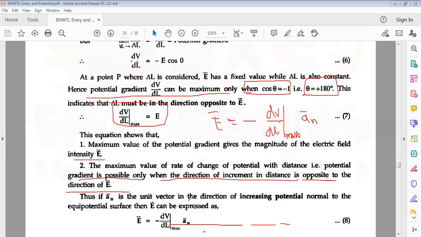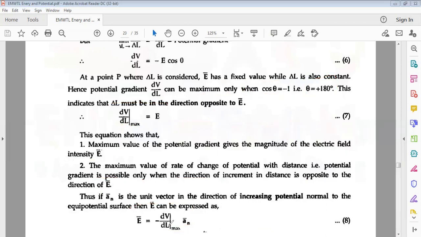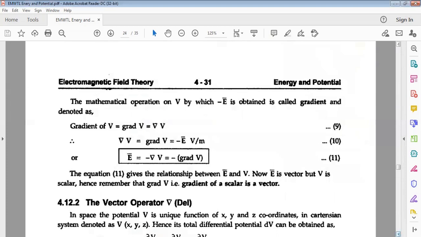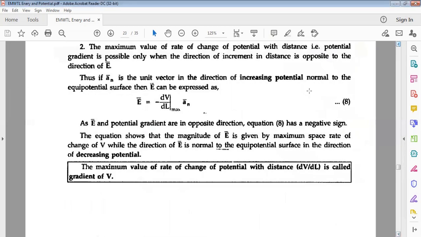Thus, if a n bar is a unit vector in the direction of increasing potential normal to the equipotential surface, E bar can be expressed as minus dV by dL times a n bar.